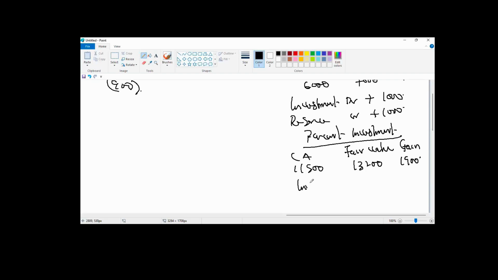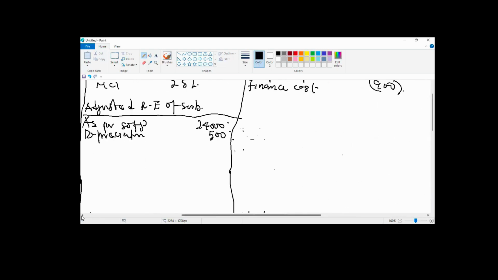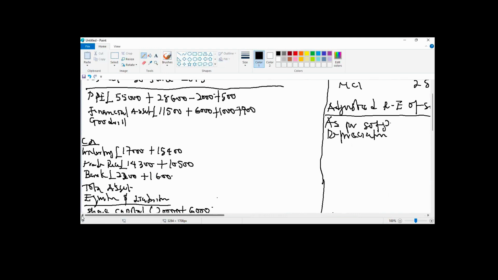Investment of the parent. I will debit 1,700 to bring it back to 13.2. Then the retained earnings of the parent is the owner. You will take all the gain, credit 1,700. Make it 13.2.